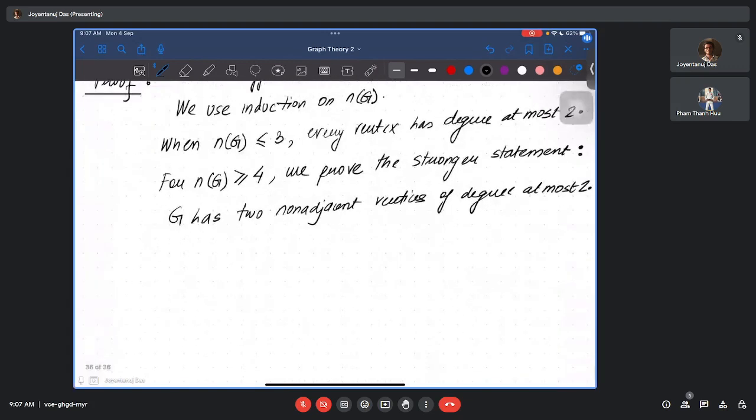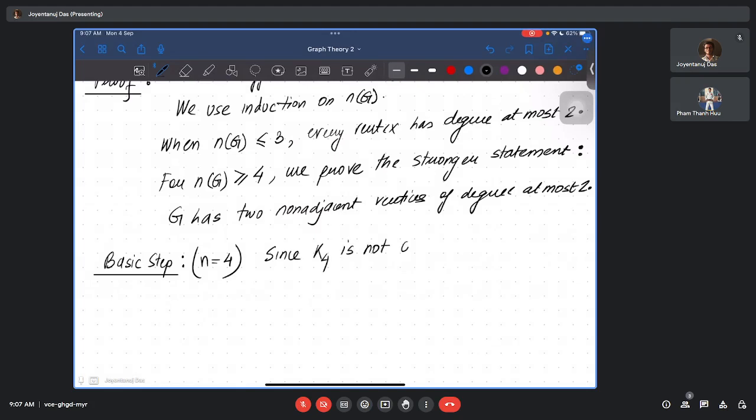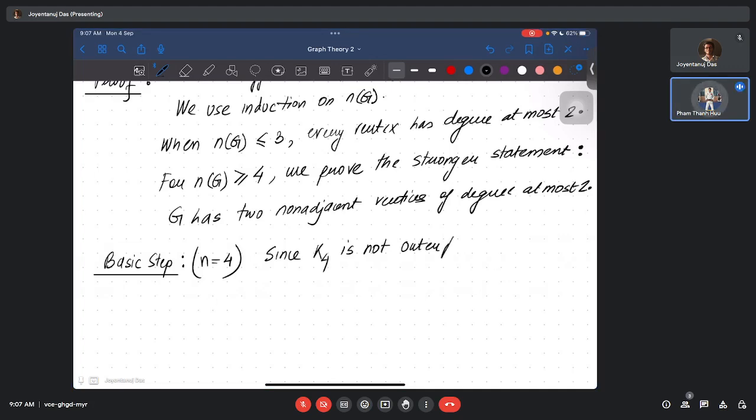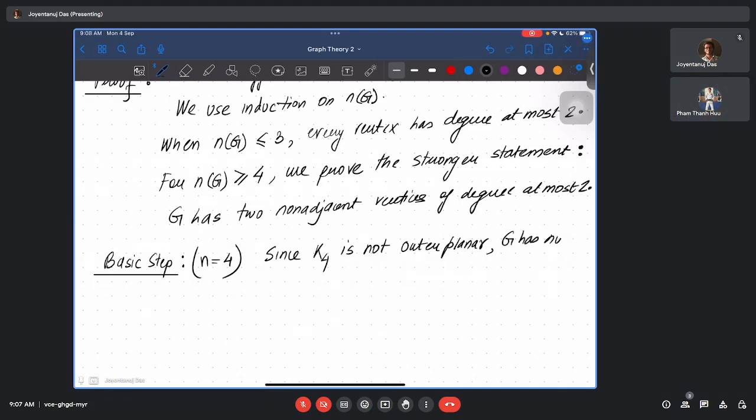So the first step is the basic step when n equals 4. Since K4 is not outer planar, G has non-adjacent vertices. Then all the vertices are not adjacent to everything, right?